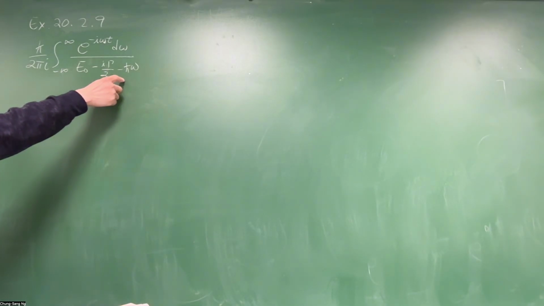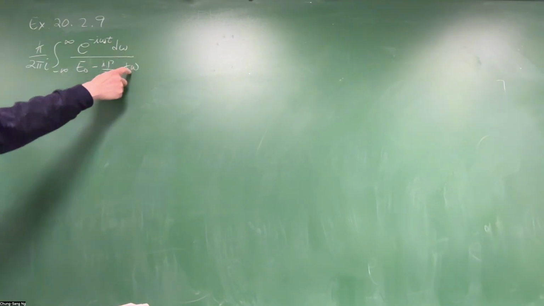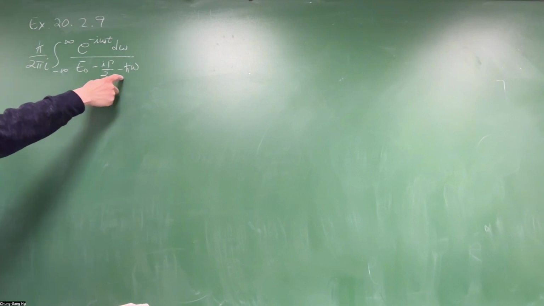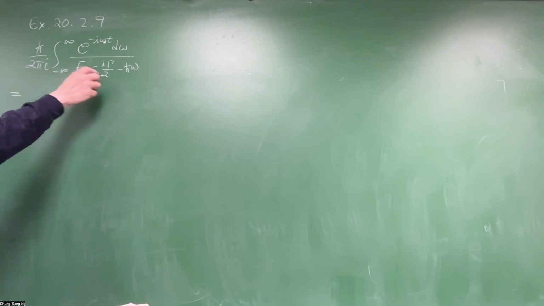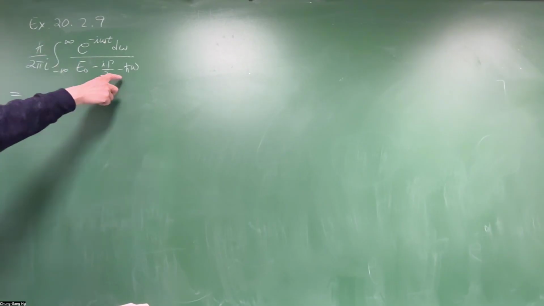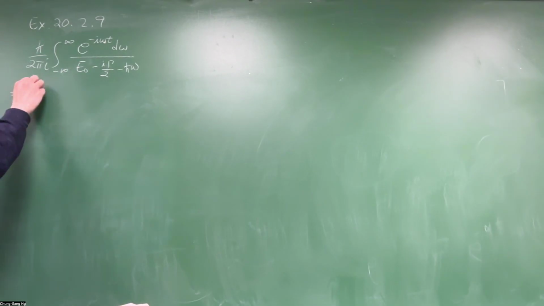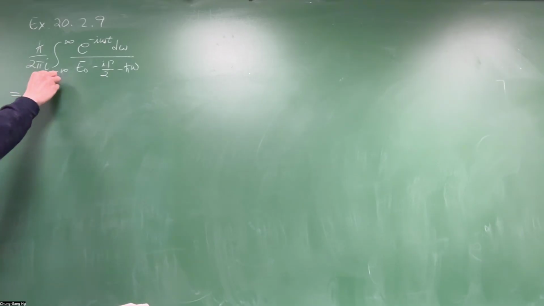So that looks good. So you can take out the minus h bar, right? Then the minus sign cancels with h bar. You can put i in the numerator.